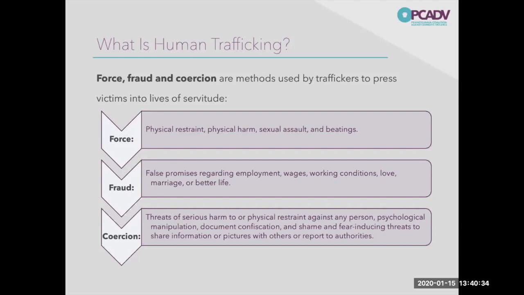But we also see false promises of things like love, relationships, marriage, or a better life. And we're going to talk about that in a lot more detail as we move forward. But that fraudulent aspect of human trafficking is pretty consistent throughout all of the different scenarios and methods that we're going to talk about moving forward. And this is consistent once again in both labor and sex trafficking.